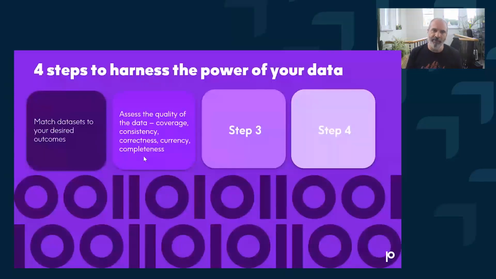And then when you're looking at bringing in that third party data, assess the quality. What's the coverage, consistency, correctness, completeness? Does it have 100% attribution across every single field? Would you expect to have 100% attribution across every single field? Does it give you national or international coverage?